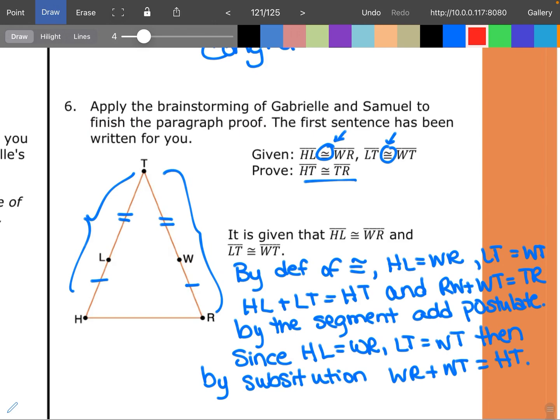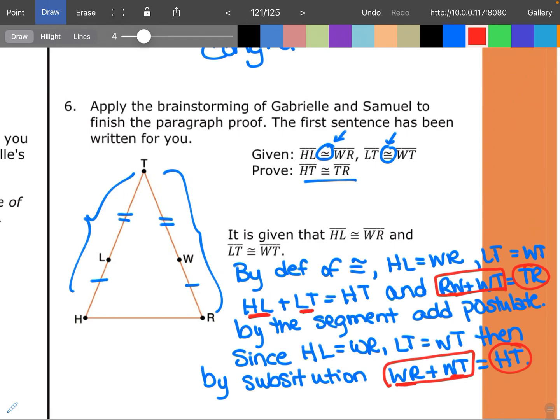I took HL is equal to WR, so I replaced HL with WR and LT with WT, and that gives me HT, or is equal to HT. Okay, so now I have this right here. And if you look at it, these are the same, even though I have RW and WR backwards, those are the same thing. So I have this side right here and this side right here.